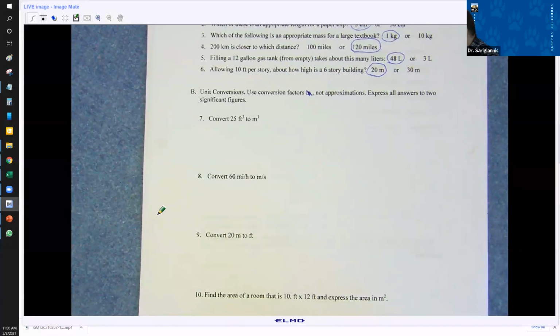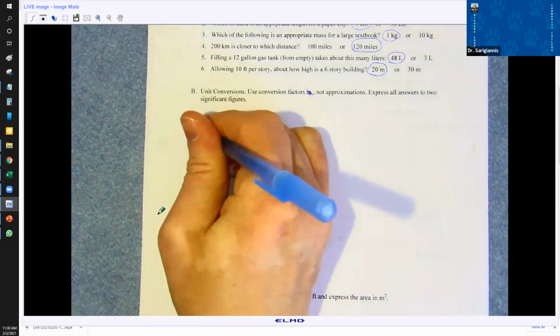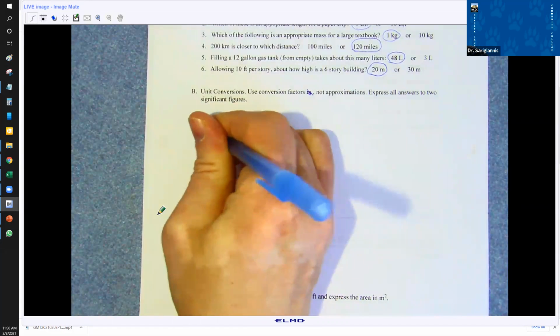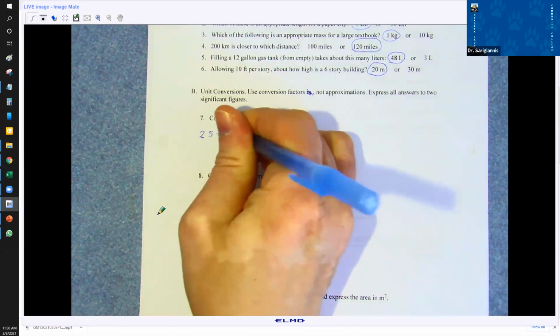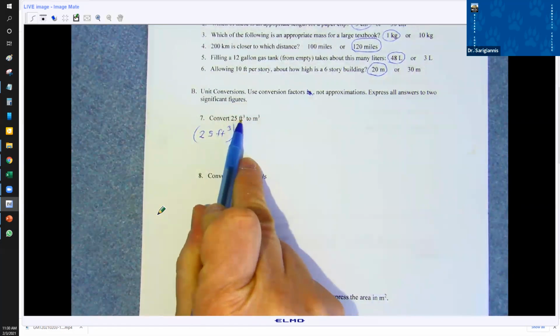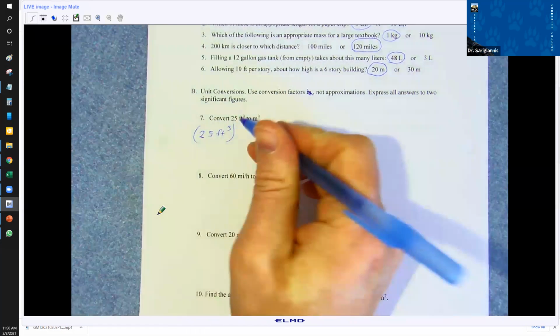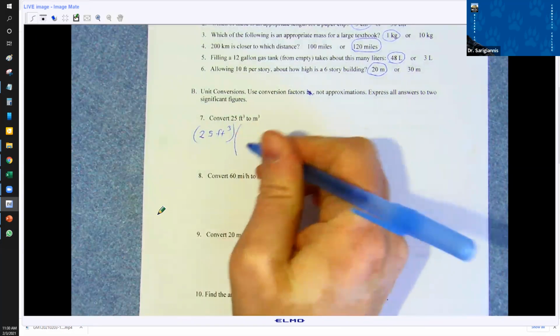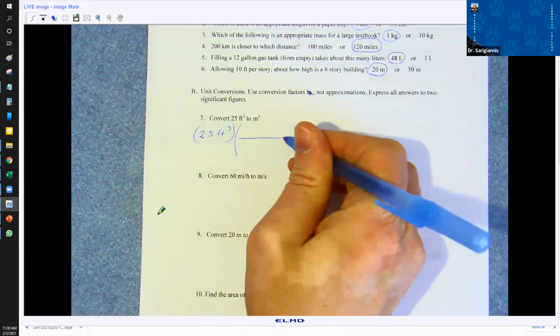So let's walk through what we just learned about conversion factors. The first one: we know we have 25 cubic feet. This is what we have. We want cubic meters, so I'm going to form a fraction here.